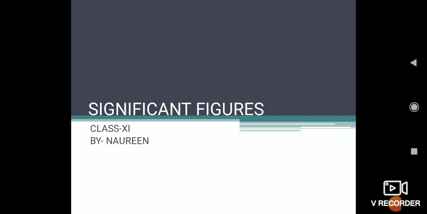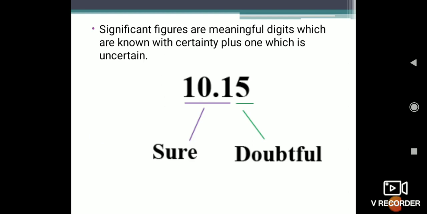If you have to define significant figures, they are meaningful digits which are known with certainty plus one uncertain number.